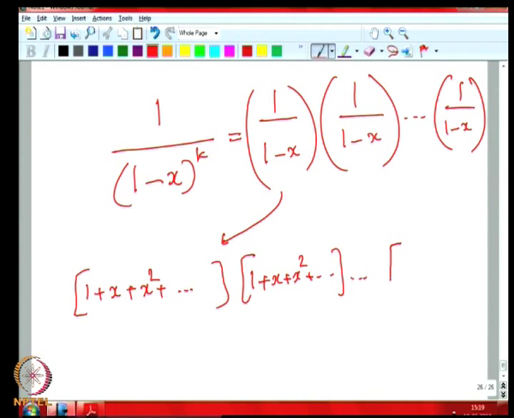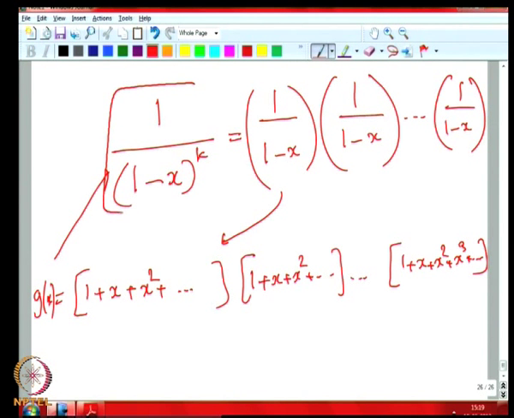Suppose this is g of x. If you expand it out by multiplying, what would be the coefficient of x raised to n? x raised to n can be formed in several different ways from this product.